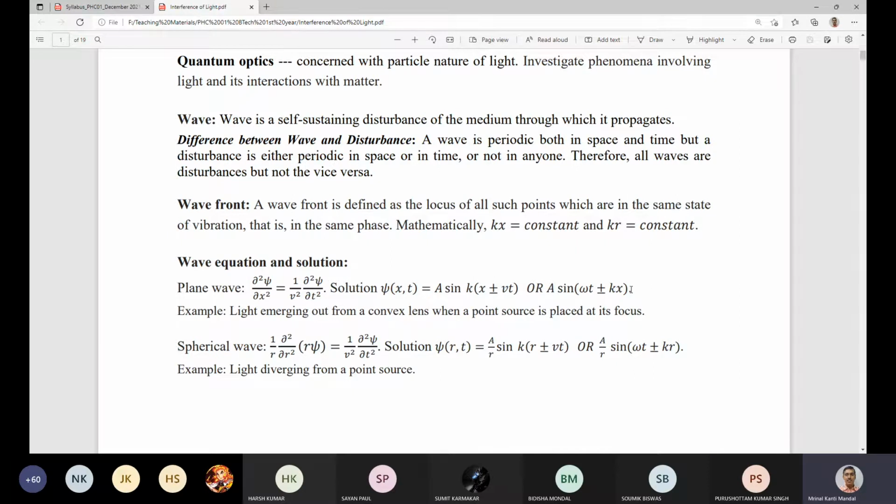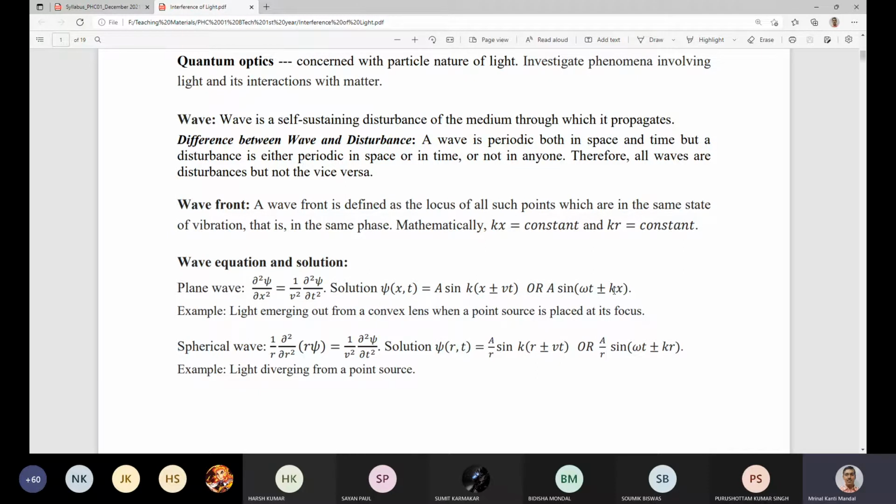Now it indicates a plane wave, only x is involved. So this is the solution of a plane wave, and you see the solution. It shows you the amplitude, which is a constant quantity. The amplitude of a plane wave is a constant quantity, and this indicates the phase part. Okay?